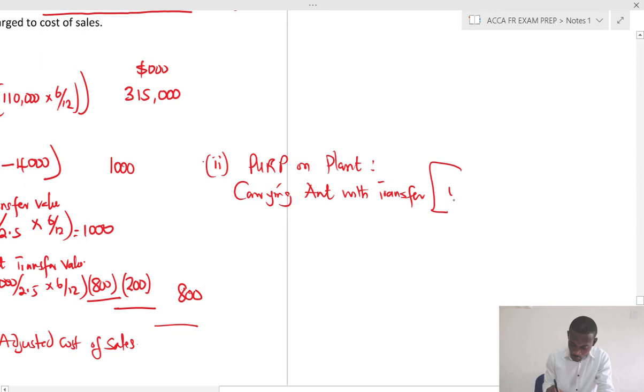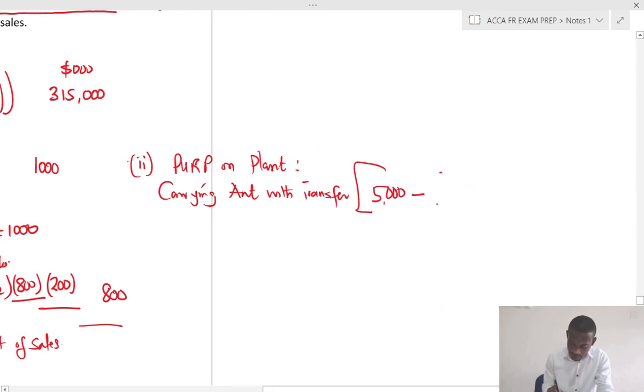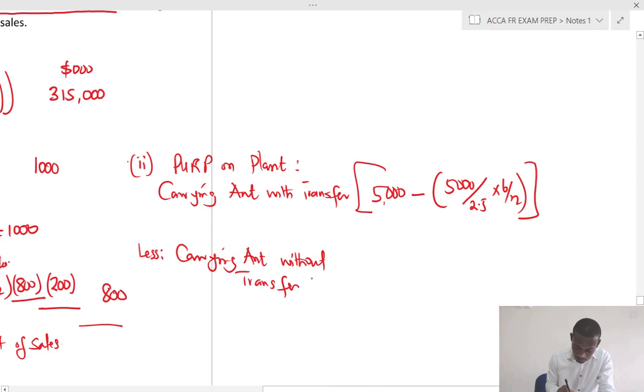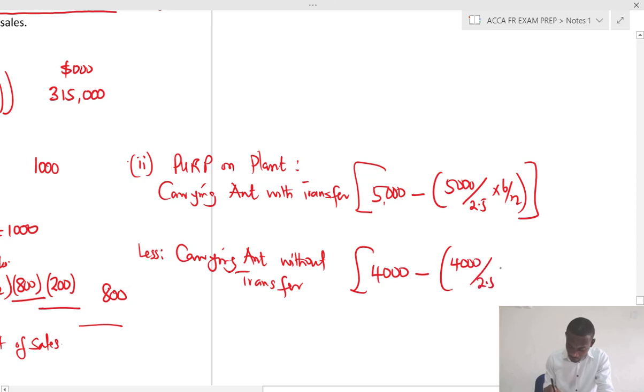So what you do is 5,000 less the depreciation, and the depreciation should be 5,000 divided by 2.5 times 6 over 12, and then less the carrying amount without transfer. Very simple. It's 4,000 minus 4,000 divided by 2.5 times 6 over 12.